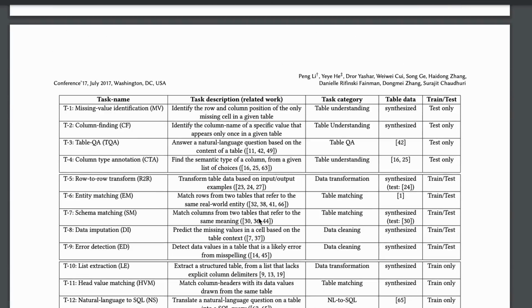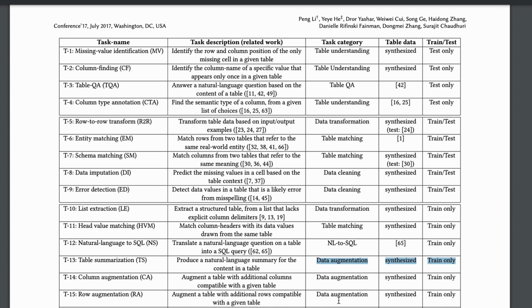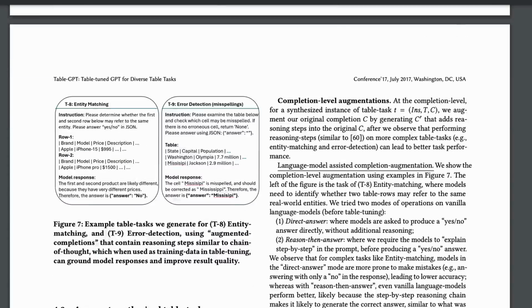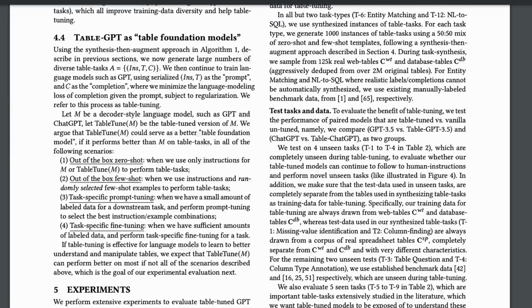It's a very interesting approach, and they've also listed the set of table tasks, like what kind of things you would do. For example, table understanding, table Q&A, table matching, data cleaning, natural language to SQL, data augmentation, and it lists all the tasks related to tables, and based on that they have fine-tuned these large language models and try to show what kind of results they have got.